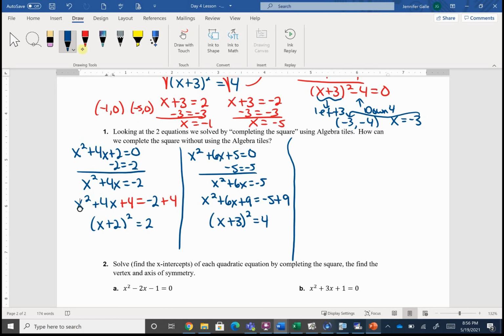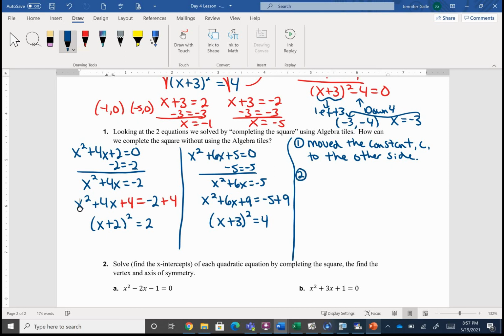So the first thing that we did in each one was we moved the constant, or our c value, to the other side. Sometimes in this case we subtracted both times, sometimes you might have to add. So we move the constant, our c, to the other side.